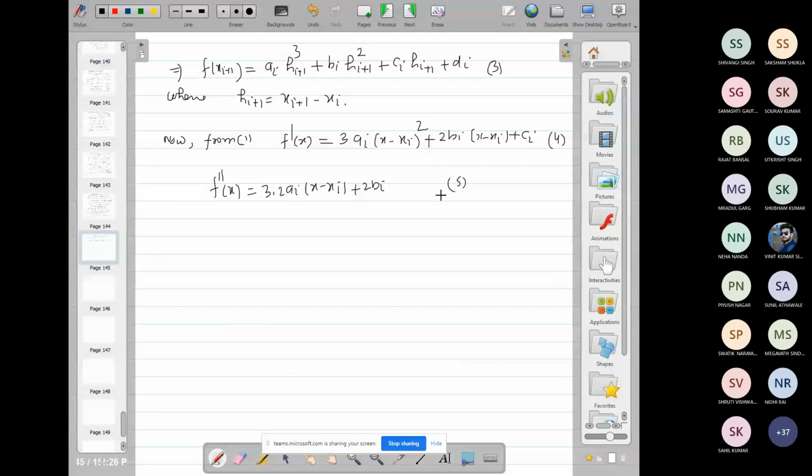Now let mi be equal to f double dash xi.